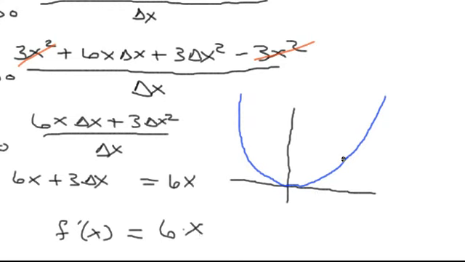This guy would be good for finding the tangent line at any given point on this graph. Alright, so let me attempt to draw a tangent line. Here, we'll do that in red. So at this point here, for example, let's just say this was 2, and I would draw a tangent line to this point right here.